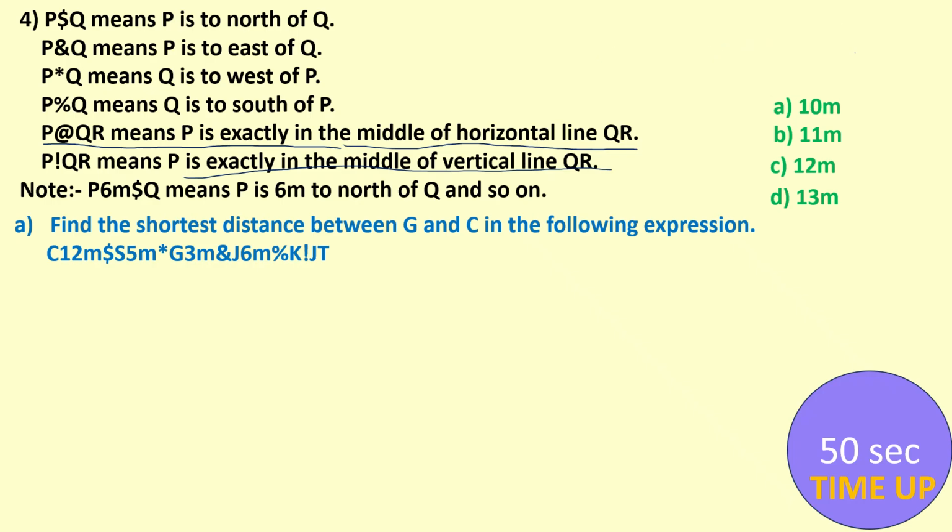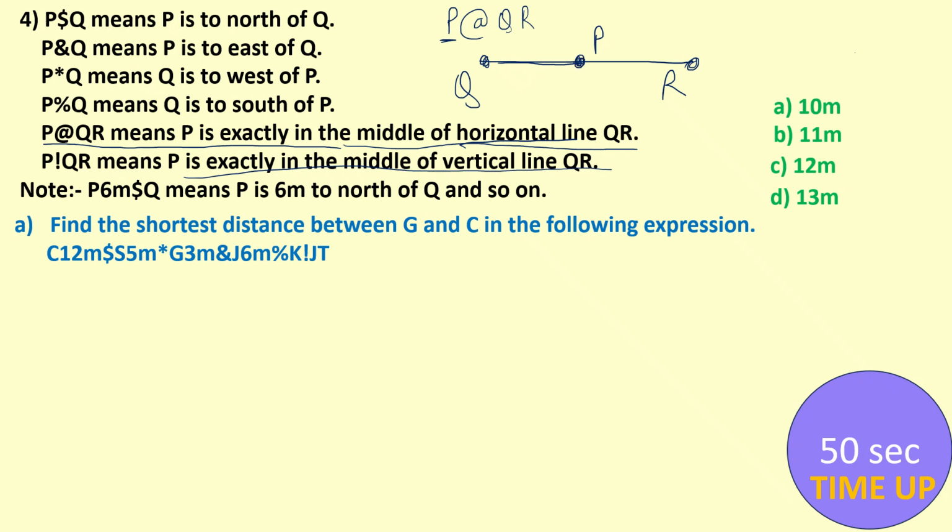Next, different thing is P is exactly in the middle of the horizontal line. So, this means what they have said that P at QR means P is exactly in the middle of Q and R. Okay, in the middle of the horizontal line. Horizontal line is this.